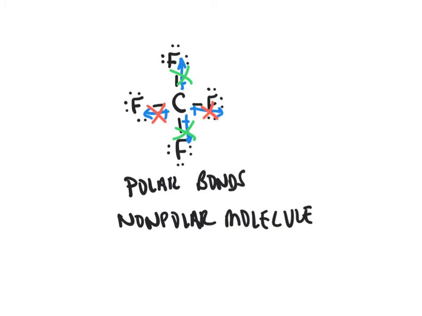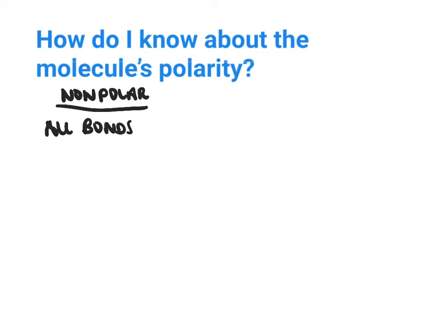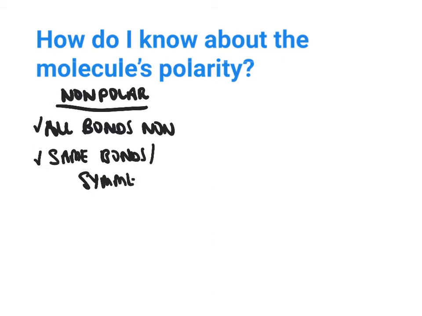So how do we know that the molecule is polar or nonpolar? Here are some clues. The molecule is going to be nonpolar under the following conditions: all the bonds are nonpolar, or the molecule has the same bonds but is symmetrical, like a tetrahedral molecule or a linear molecule.